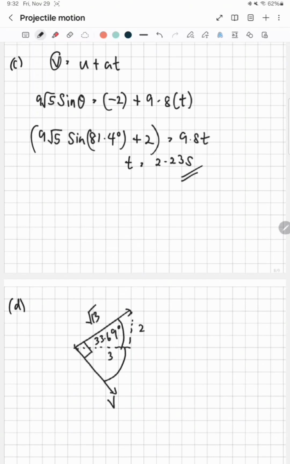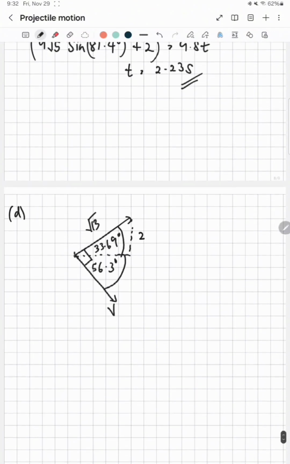So it's going to be 90 minus 33.69. So this angle is 56.3. Okay, so now we found the angle.